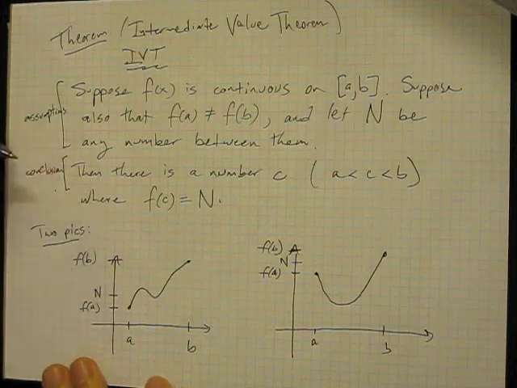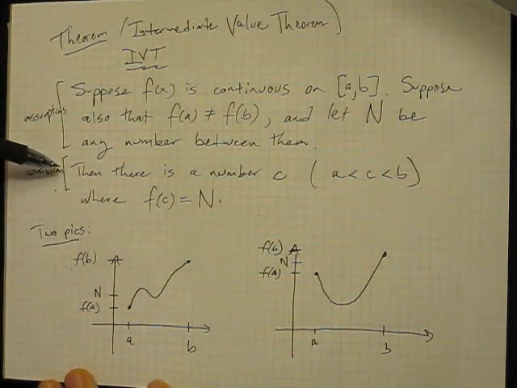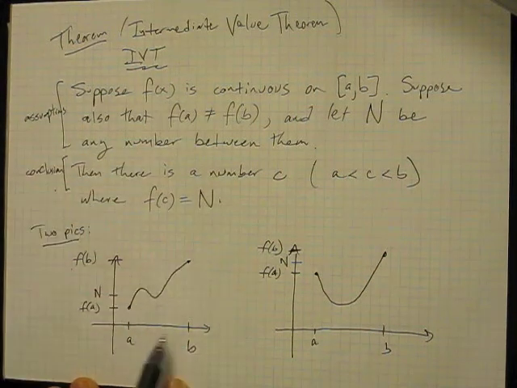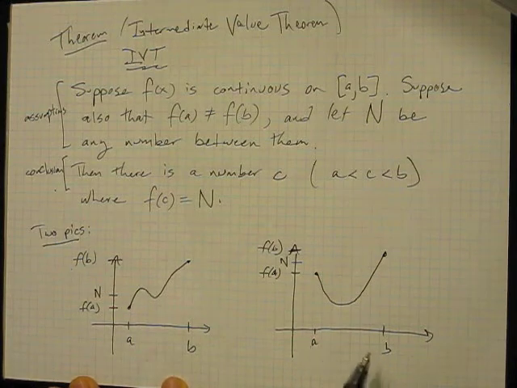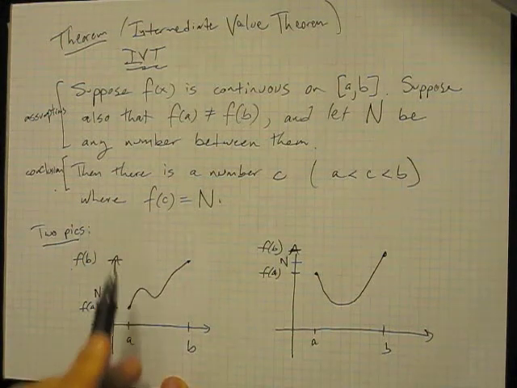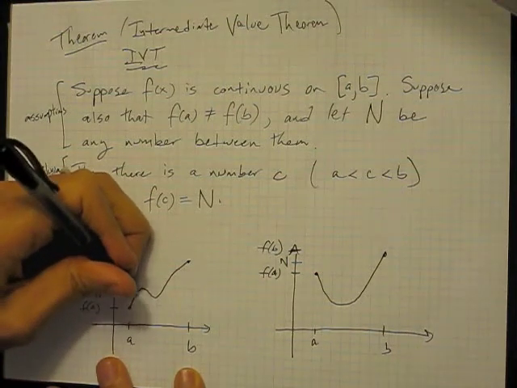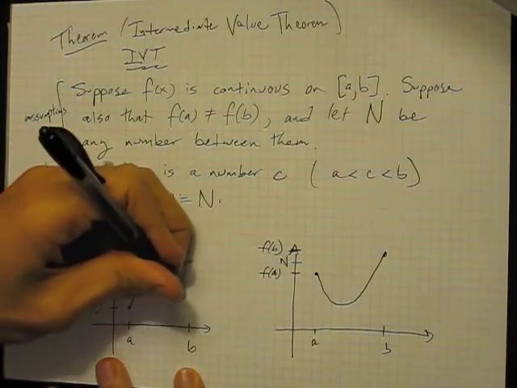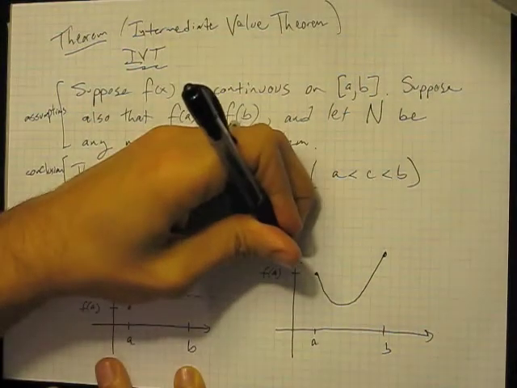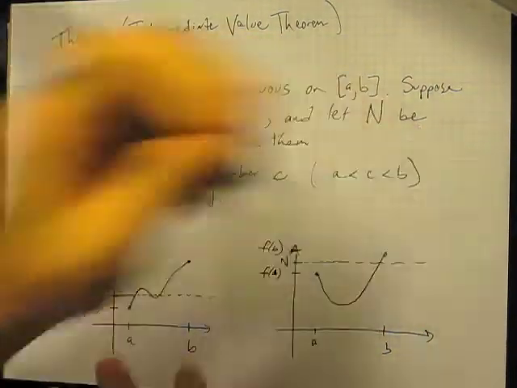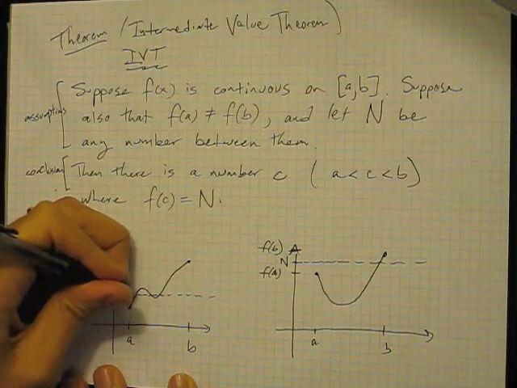So now what the conclusion of the theorem says is that there's some number on the x-axis, between a and b, where the function sends that number up to height n. Okay, so let's take a look at that. Here I'm going to draw height n, and here I'm going to draw height n. Now it's pretty easy to see.